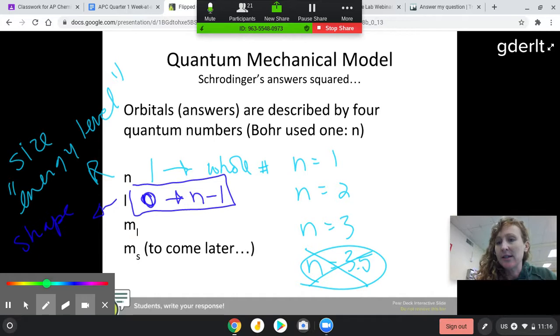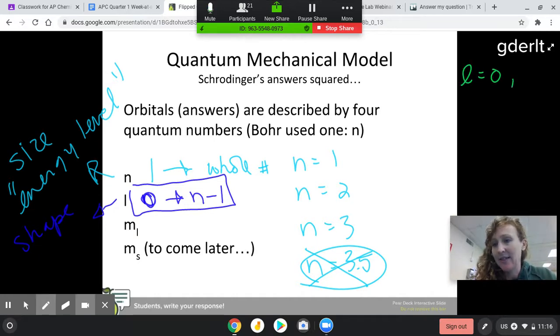Okay. All right. So if L equals 0, that is your S shape. From last year, hopefully you remember what the S shape is. Can anyone type into Pear Deck and tell me what the S shape is? It is a sphere. Yes, very nice.